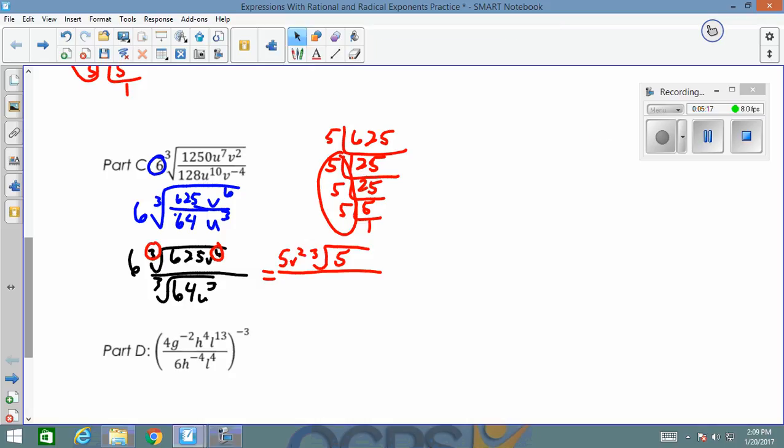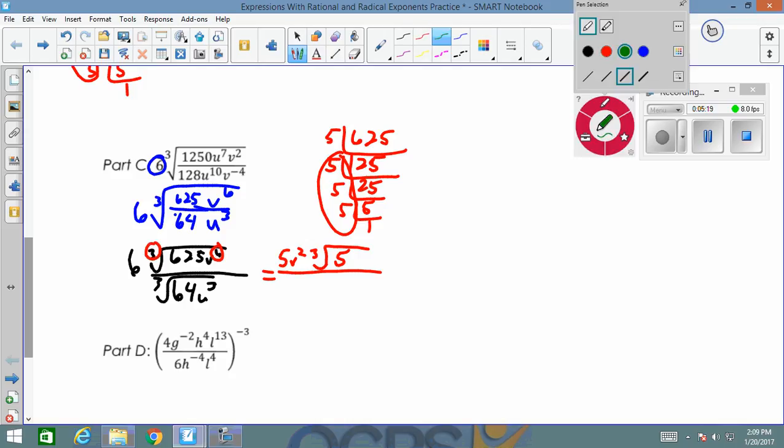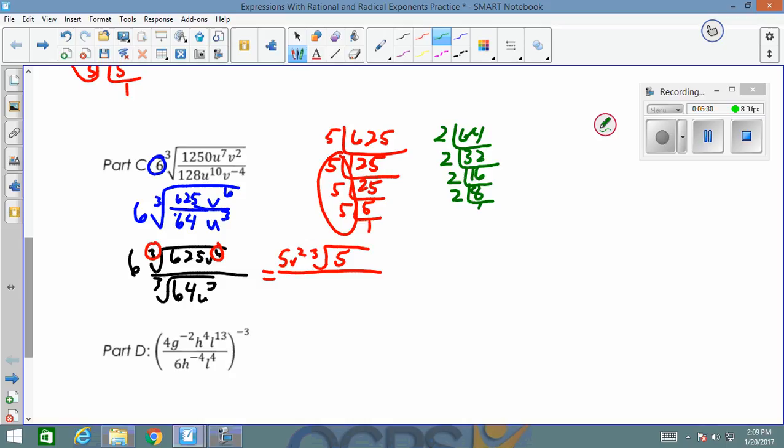now we're going to do 64. 64, 32, 16, 8, 4, 2, and 1. We're looking for groups of 3. 1, 2, 3. 1, 2, 3. So we got 2 of them. So that's the 4 that comes outside.